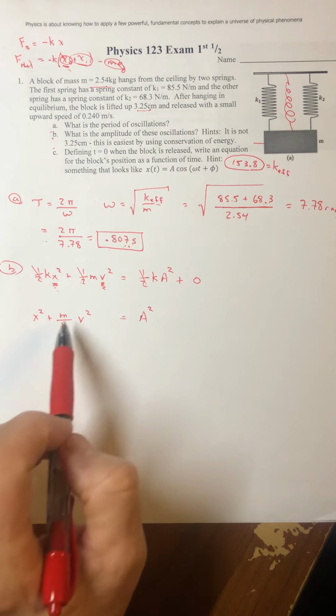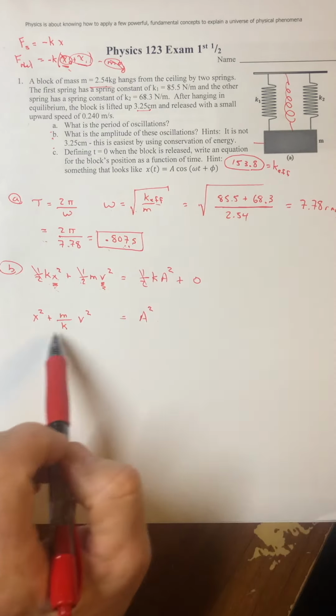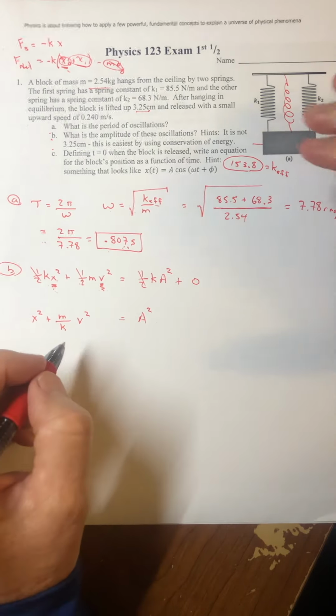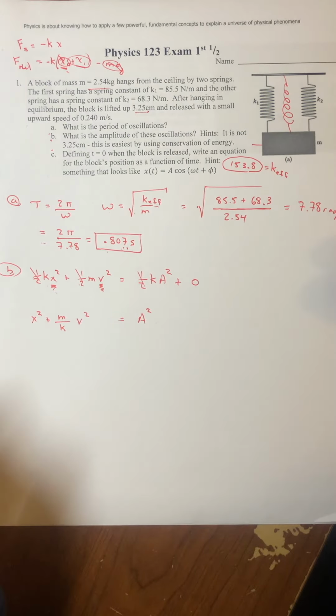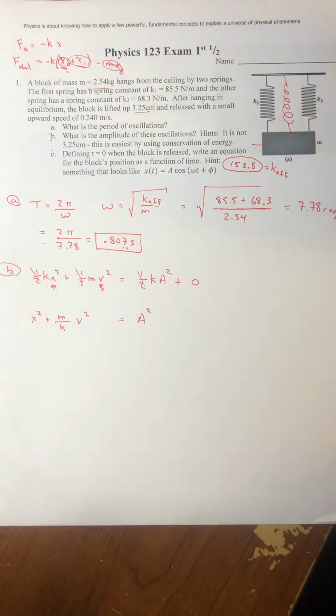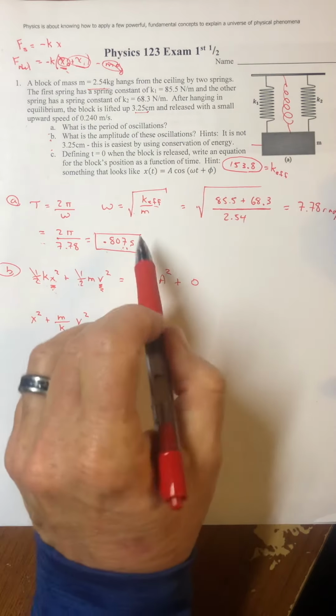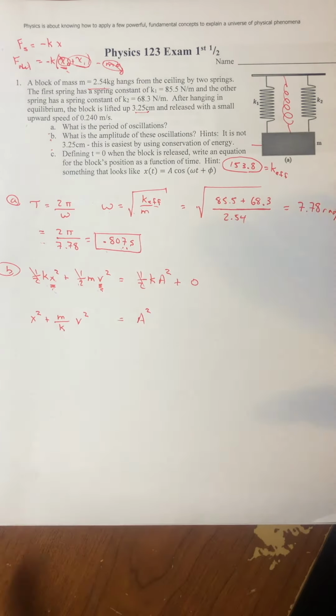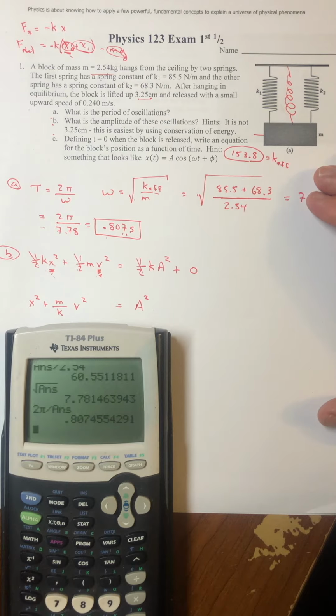Because the k over m is this omega. I've already calculated it, although I can also just plug it in. But I was going to do something clever and then use that. And yeah, I'll just get the A now.